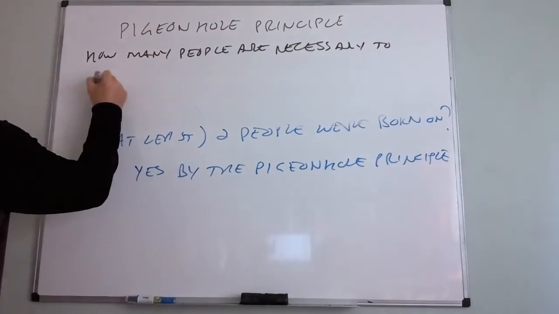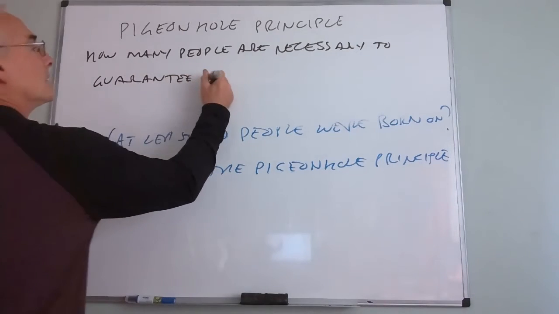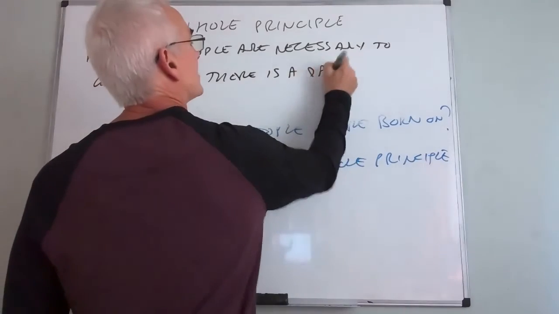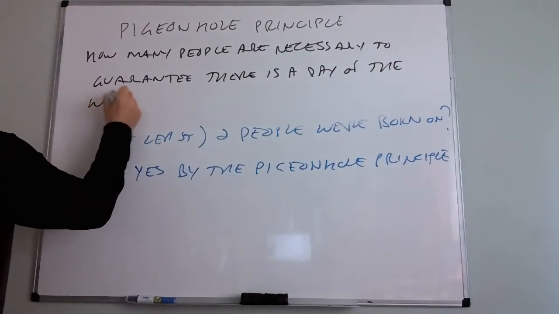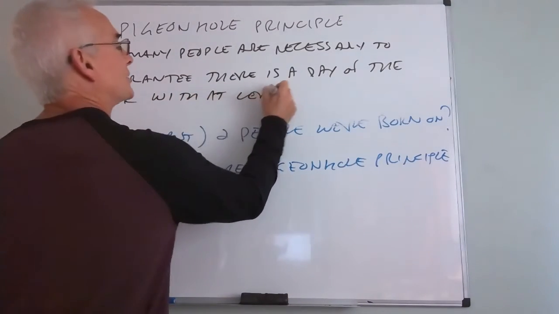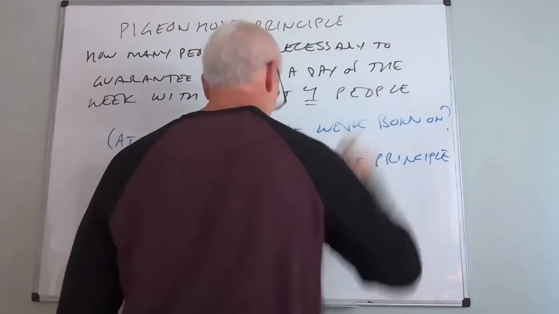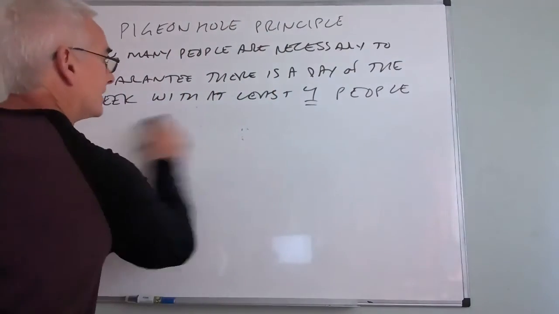To guarantee there is a day of the week with at least 4 people born on that day. How's that?